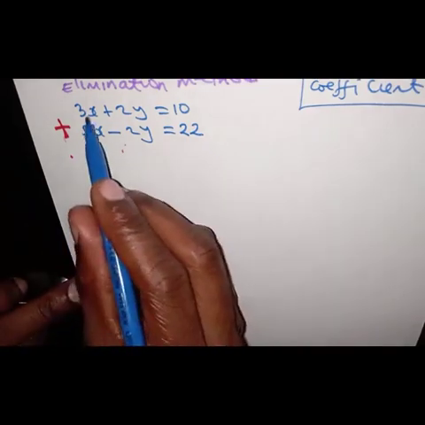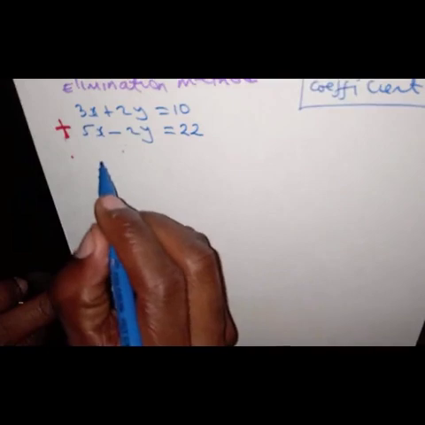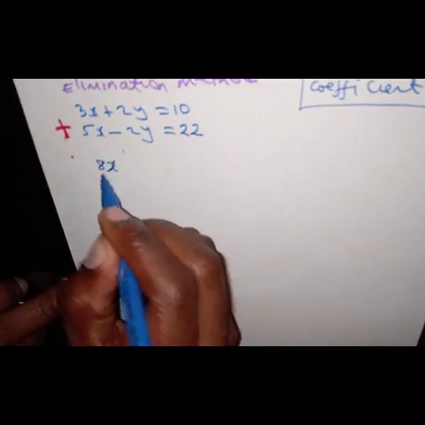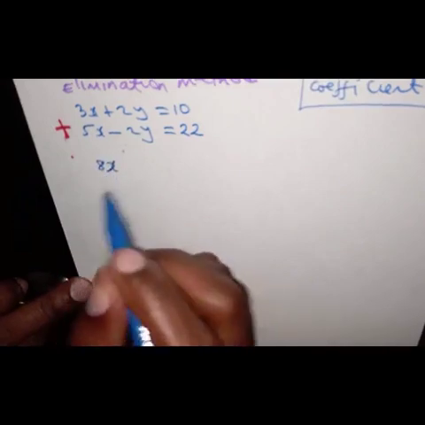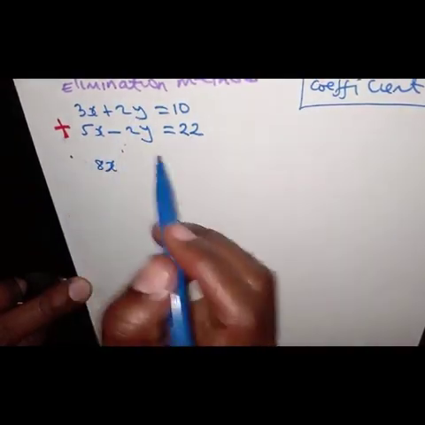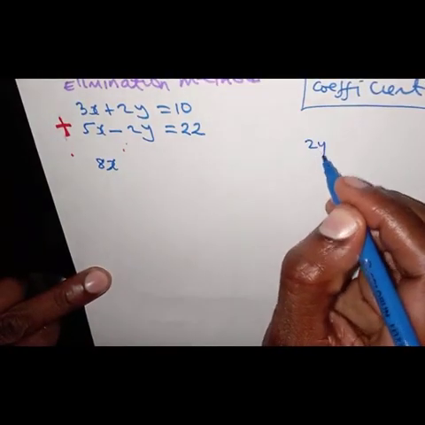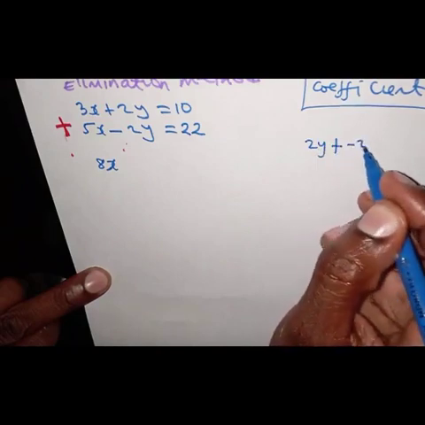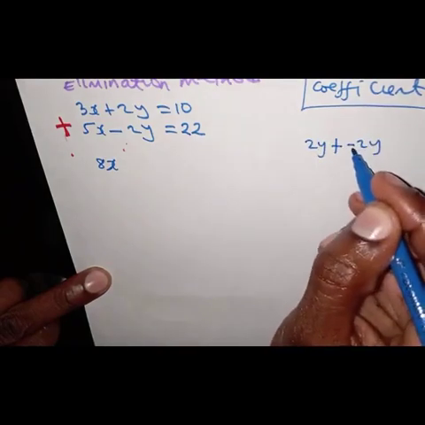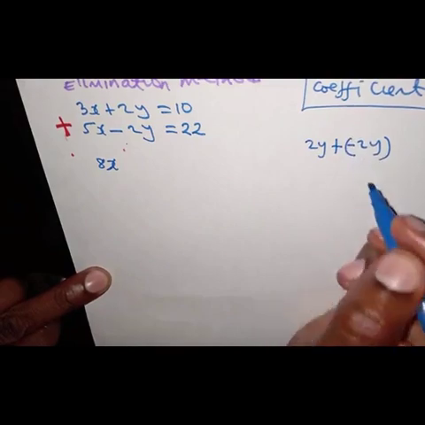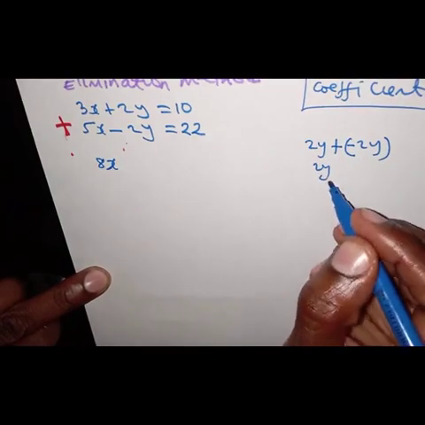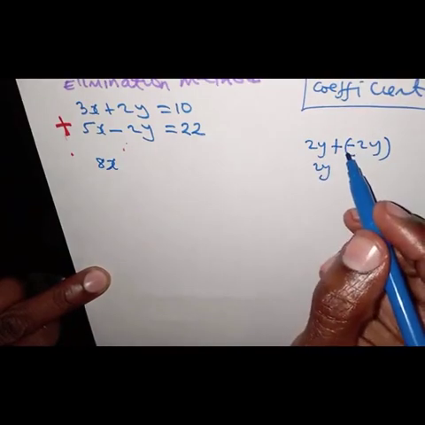So 3x plus 5x, you get 8x. Then 2y plus minus 2y. Let me solve this separately. 2y plus minus 2y. You see signs are following each other. Put this in brackets, of which next time we need to come up with one sign.